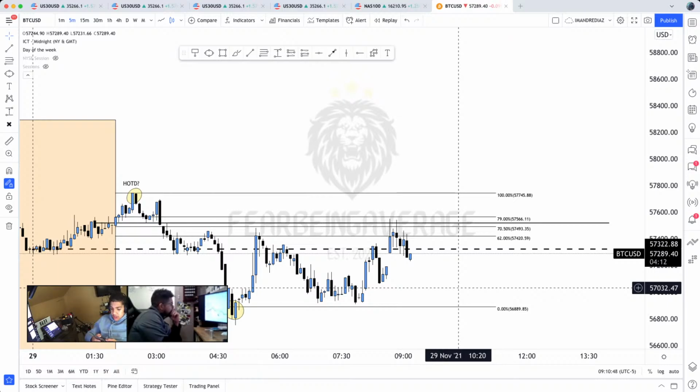What would the lot size be? I think a 1 lot is the equivalent of a 0.01 is what I would use.